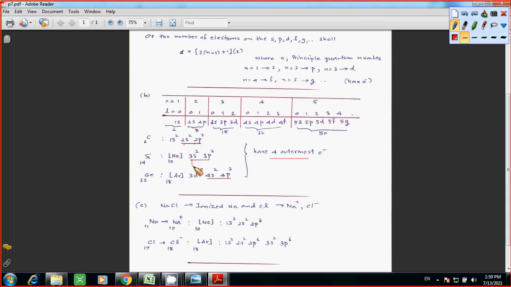And for silicon, outermost n equal to 3, so you still have outermost electrons to be 4. And for germanium, same, because you have n equal to 4, and the outermost electrons are going to be 2 plus 2, that's 4. So they have the same number of outermost electrons, which is 4.